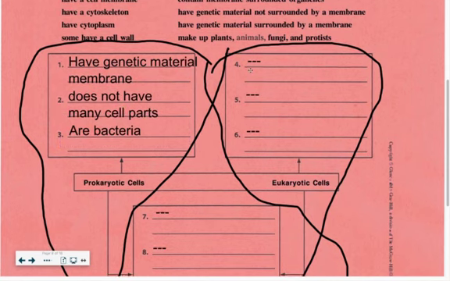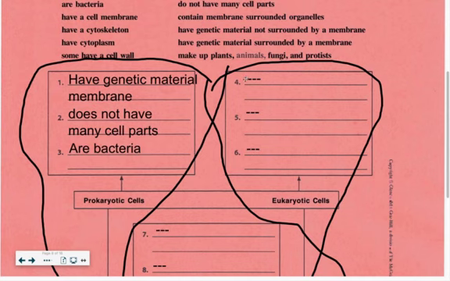Okay, now the things that are specific to the eukaryotic cells. Have genetic material surrounded by a membrane.